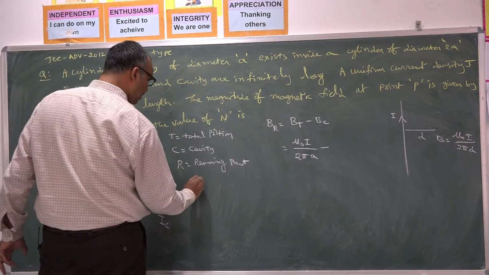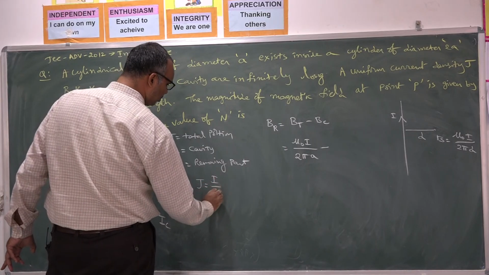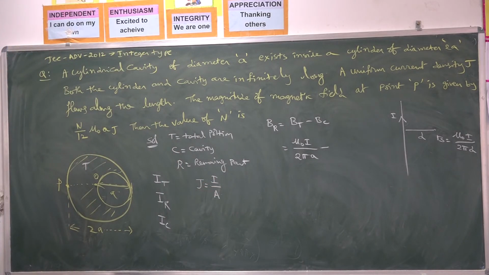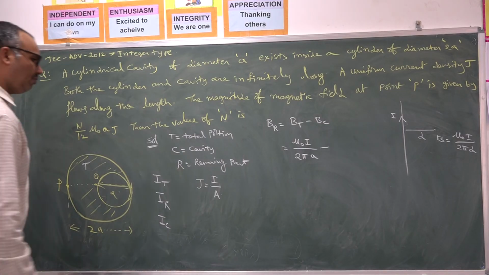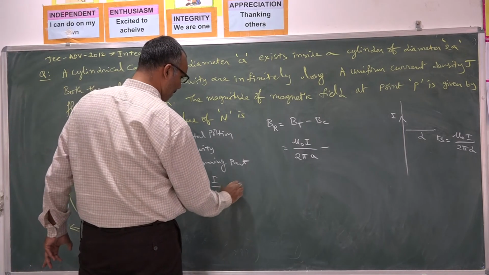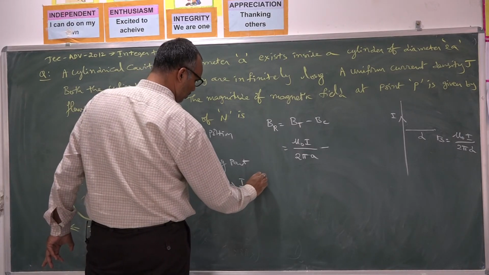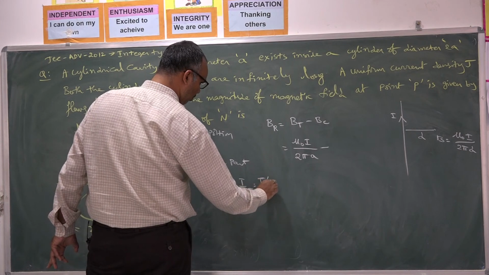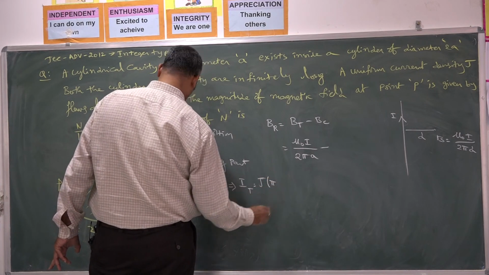Current density is current passing through a cross section by area of cross section. So current passing through the total portion is current density into total portion area, pi a square.